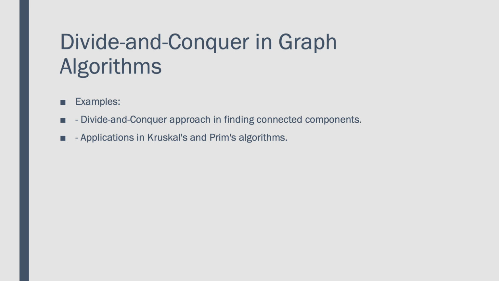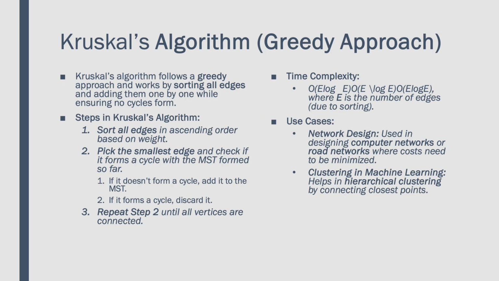Okay, so we'll discuss divide and conquer in graph algorithms. There are two examples: the divide and conquer approach in finding connected components, and applications in Kruskal's and Prim's algorithms. We'll now discuss Kruskal's algorithm first, a greedy approach.